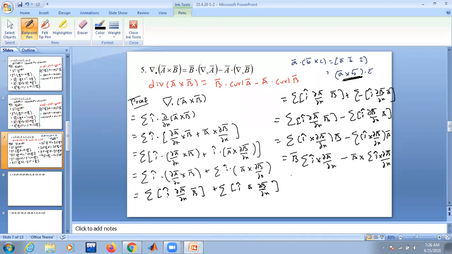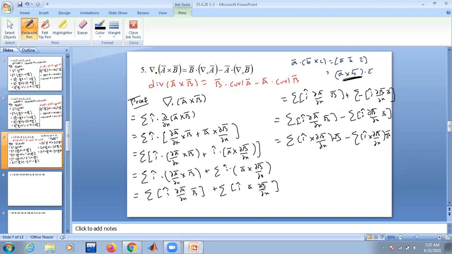Okay, now can you identify the first one? Curl a. I think this is a dot product I missed out. See here, a cross b dot c, no? Box ABC is a cross b dot c.